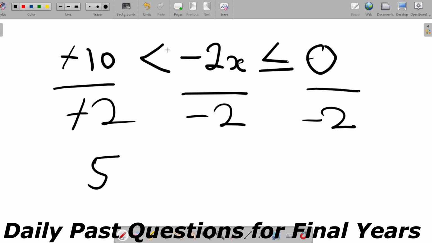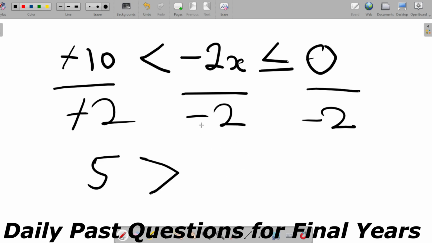And then this less than sign will not be the same, because the sign on the 10 has changed from negative to positive. So this symbol too will change from less than to greater than, because the previous sign is negative, but on this side you are no longer having negative, you rather have positive. So we need to change the sign to the other way.